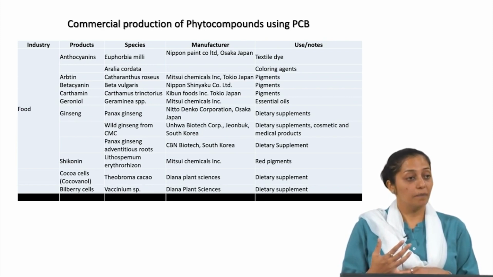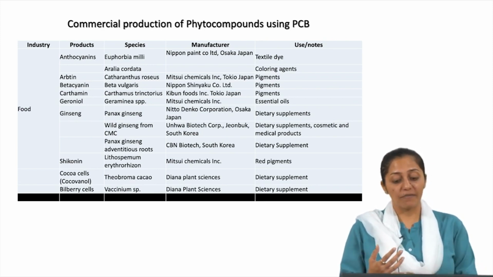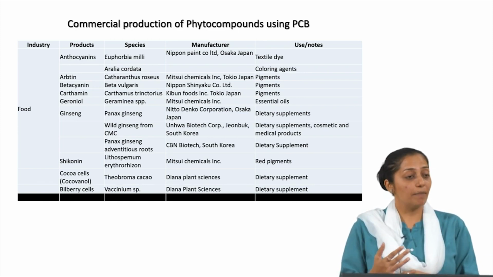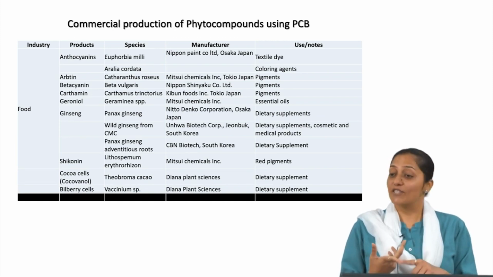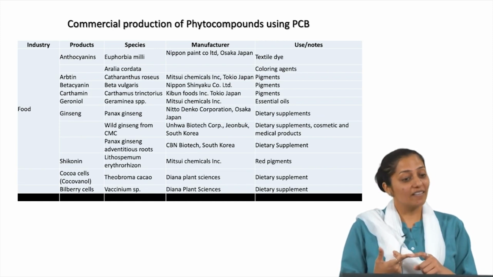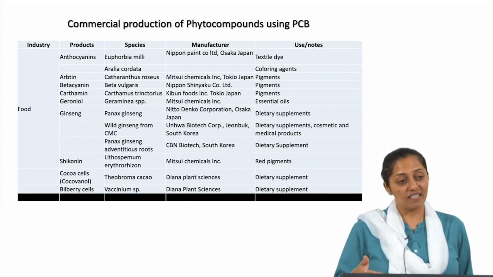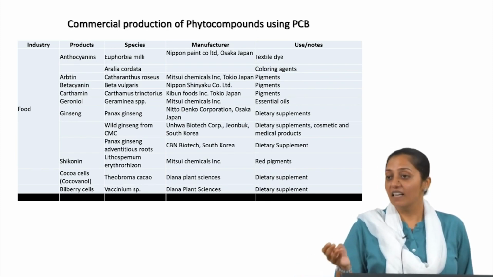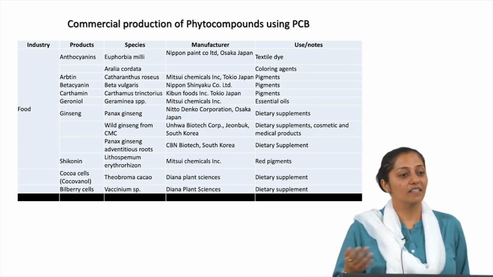Cocoa cells, bilberry cells. So these are different kinds of products which have been commercialized by Japanese firms, by German firms, by US, by Israelis. So they are already there in place, being used for what all uses? If you can see the table, as textiles, as coloring agents, as pigments, as dietary supplements, as nutraceuticals, as cosmetic agents.